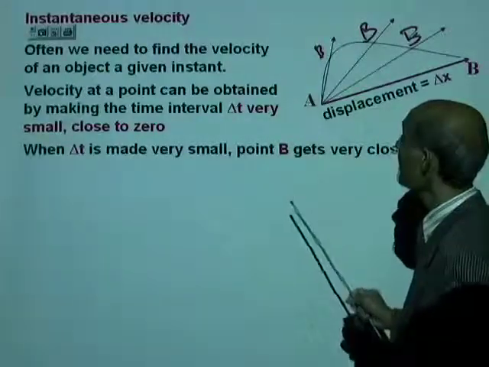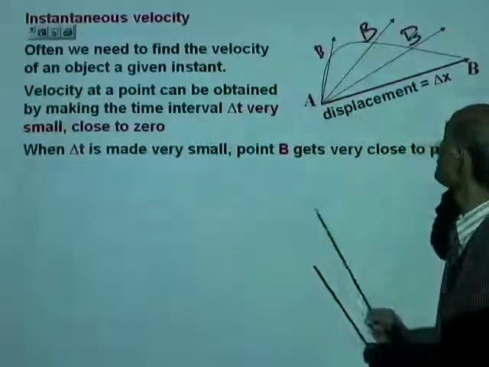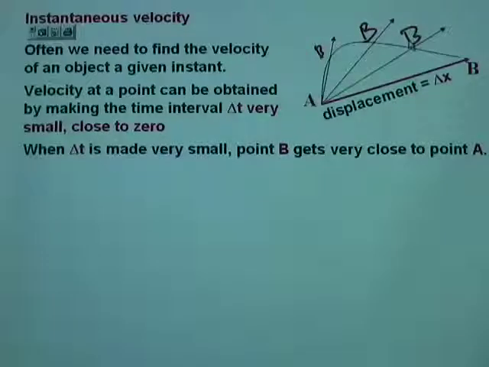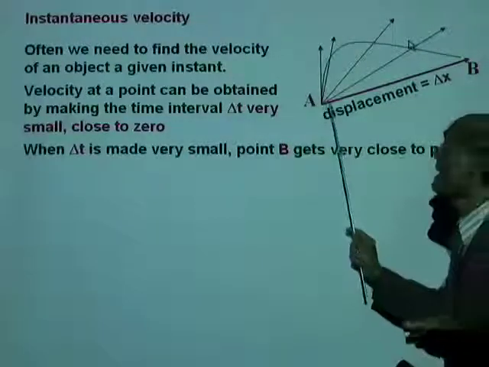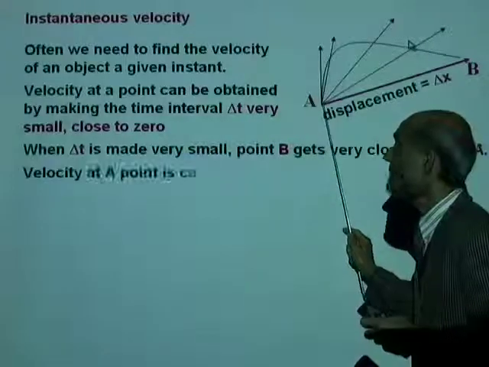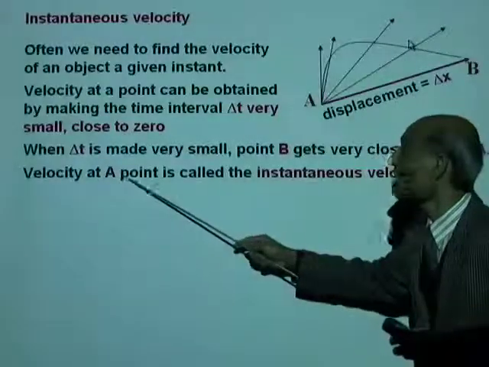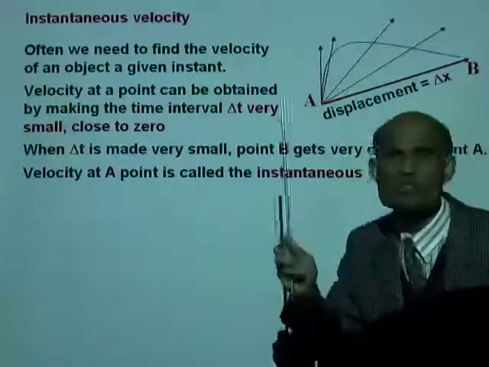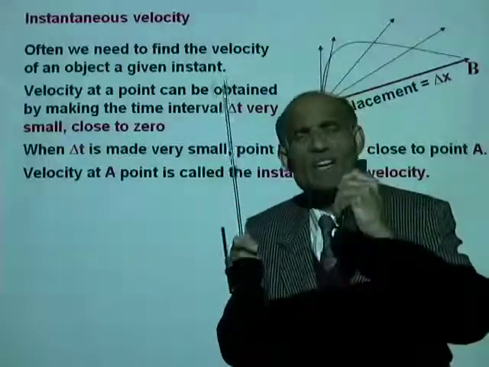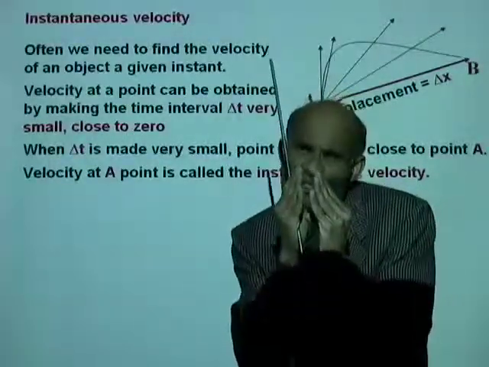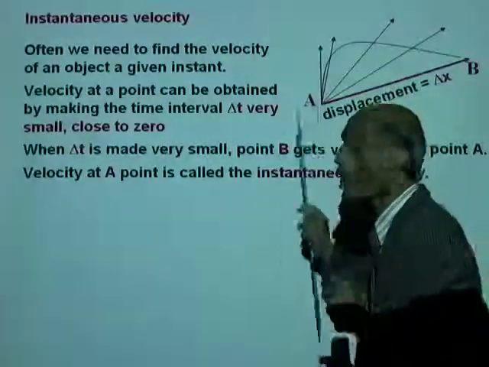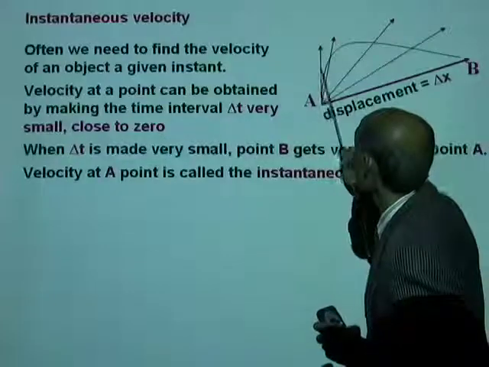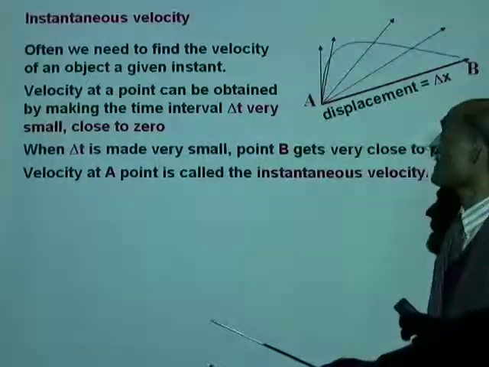And finally, when delta t is made very small, point B gets very close to point A. When B is very close to A, we can say the velocity during that very small interval is the velocity at A, and that will be defined by the tangent drawn at that point.